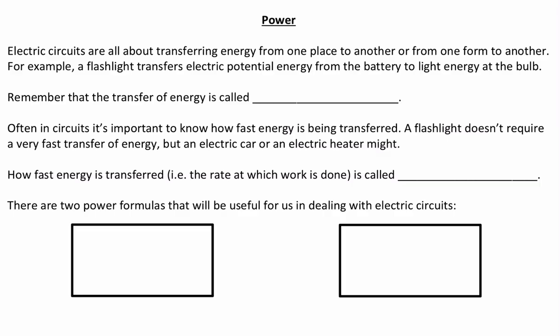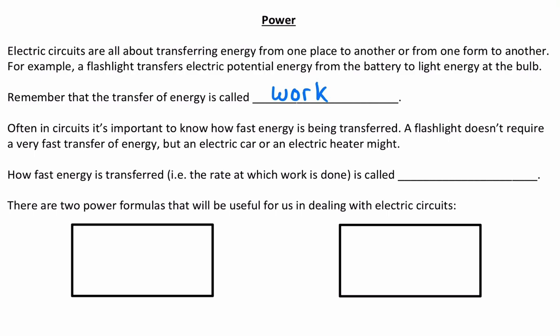That is the whole purpose of the flashlight and of the electric circuits inside it, to transfer energy from one place to another and from one form to another. And you might remember that the transfer of energy from one place to another or from one form to another is called work. So that is what our electric circuits fundamentally are trying to do, is they're trying to do work. They're moving energy around.